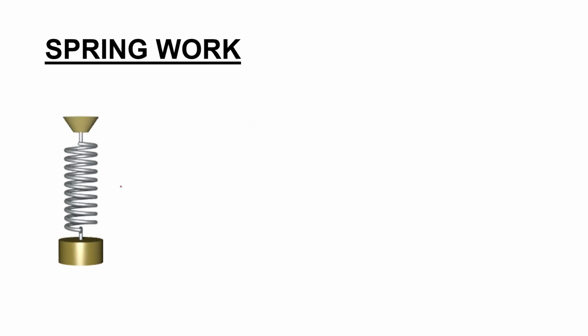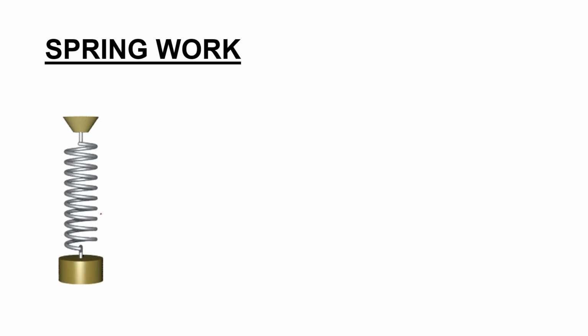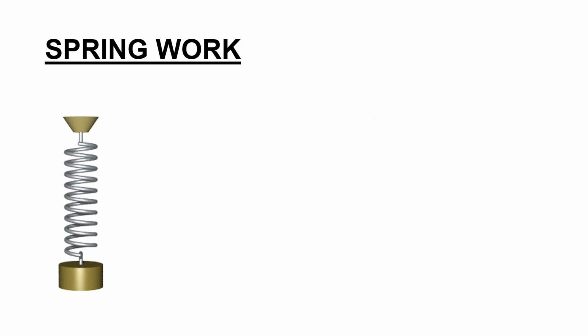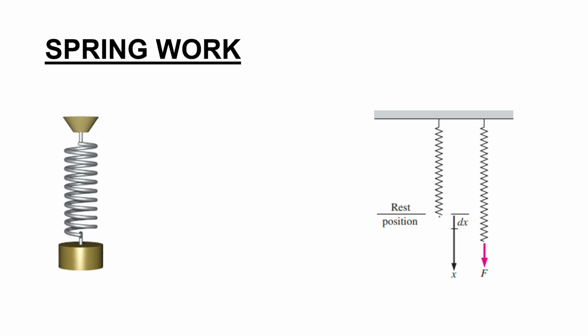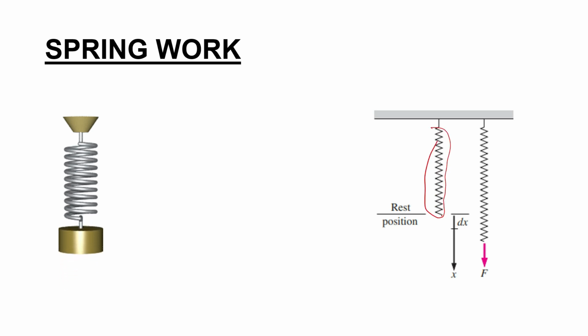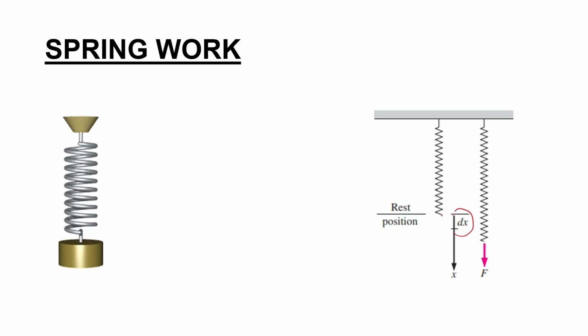Now you have the spring work. So you can see the spring here. So how to calculate? See, here also you have a spring. If you take this as the system, when you apply a force here, it extends by a distance x.